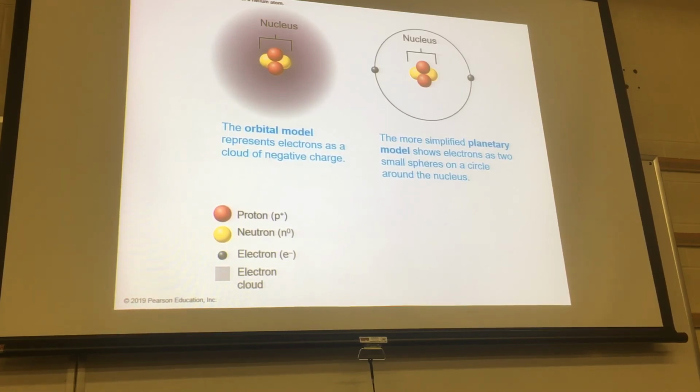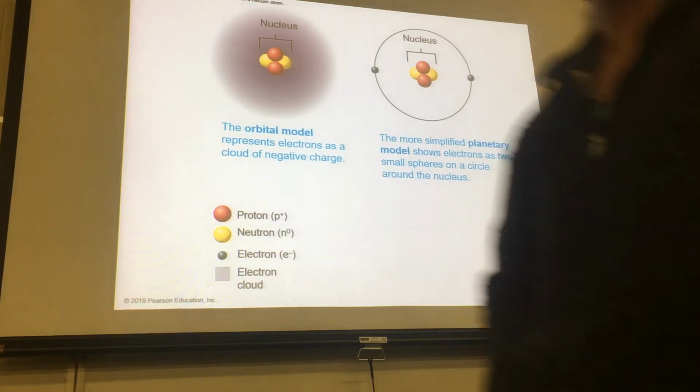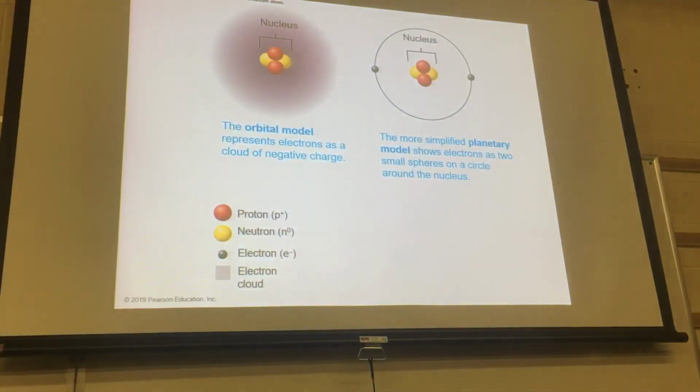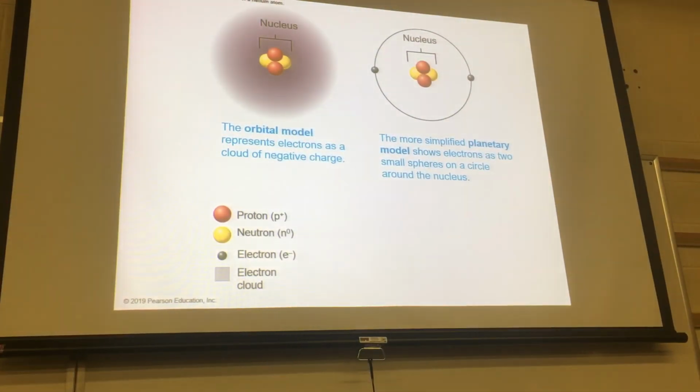We kind of did some of this stuff in lab this week, doing pH. When we're looking at pH, we're looking at hydrogen, right? That's what we looked at. Now, does hydrogen have a neutron?